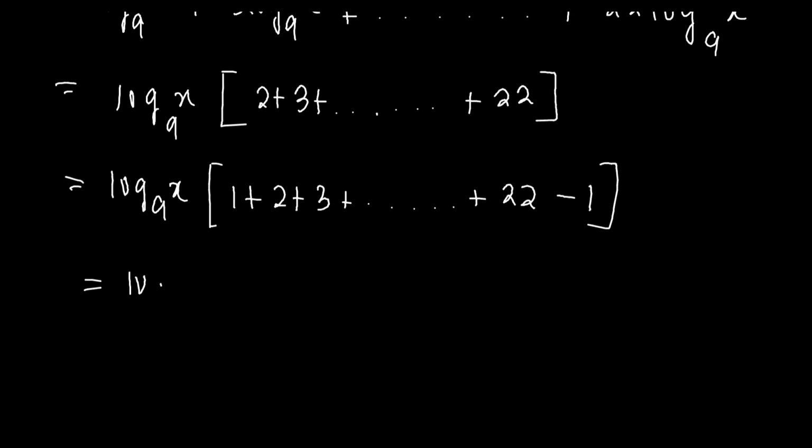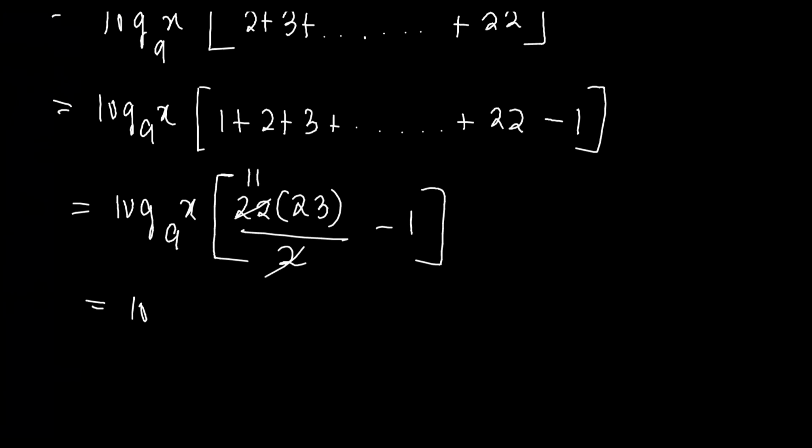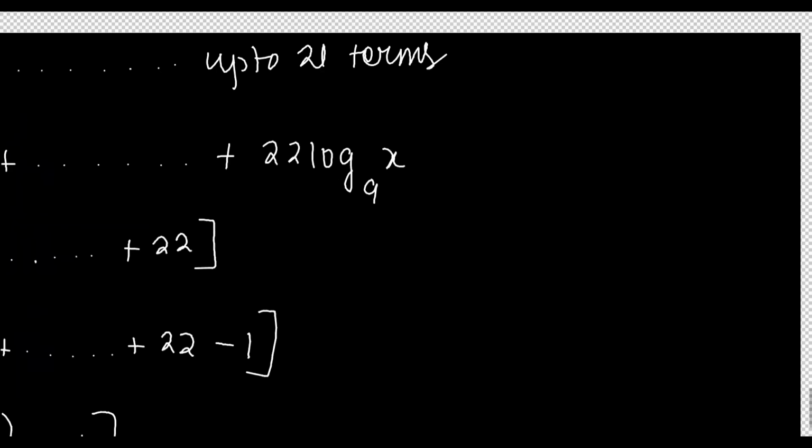Now this we all know, from 1 to 22, what is the sum? We will use the n into n plus 1 by 2 formula. So we will write that it is n into n plus 1 by 2, minus 1. This is 11. Now on the right hand side is 504.